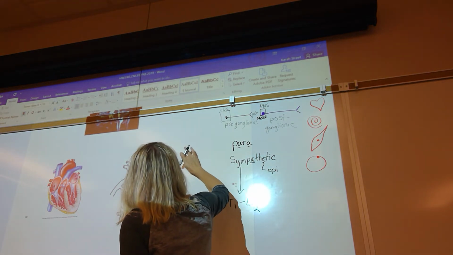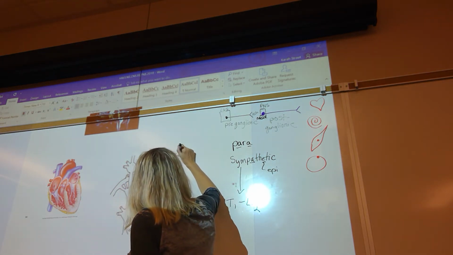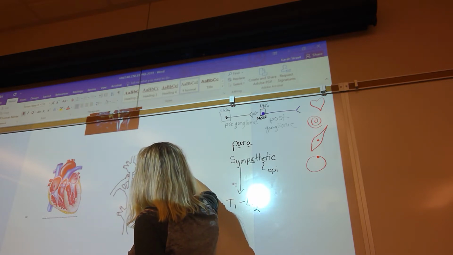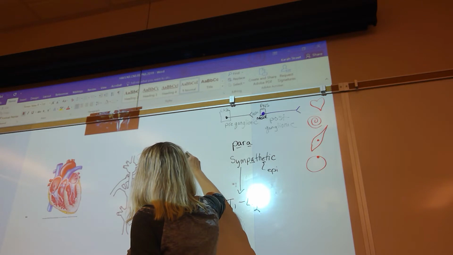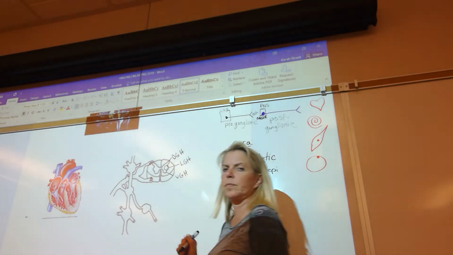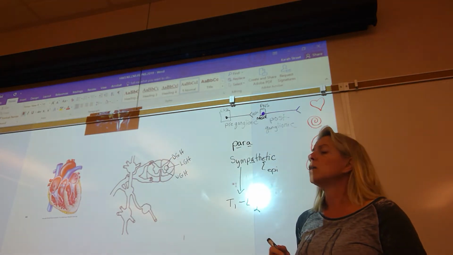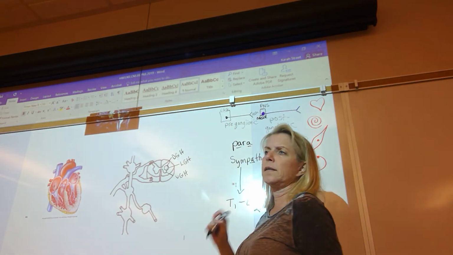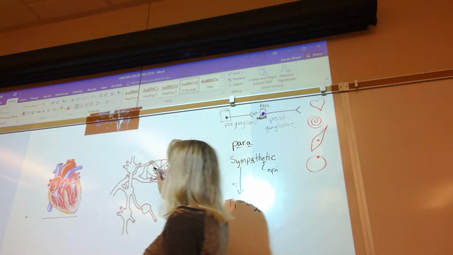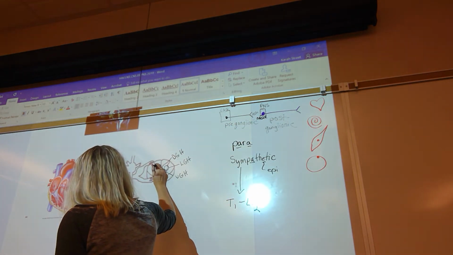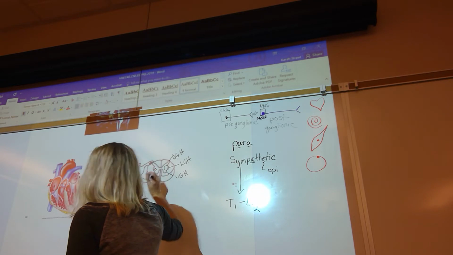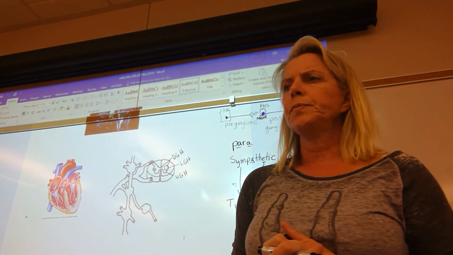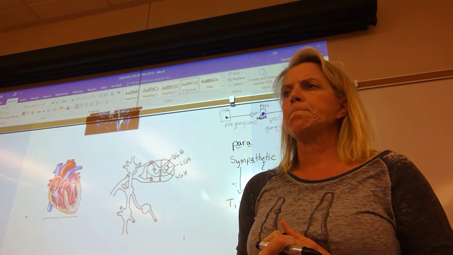Not dorsal root ganglion. Dorsal gray horn, ventral gray horn. And this area right here is a lateral gray horn. So, for the sympathetic preganglionic cell bodies, we would find them in the lateral gray horn at levels T1 through L2.